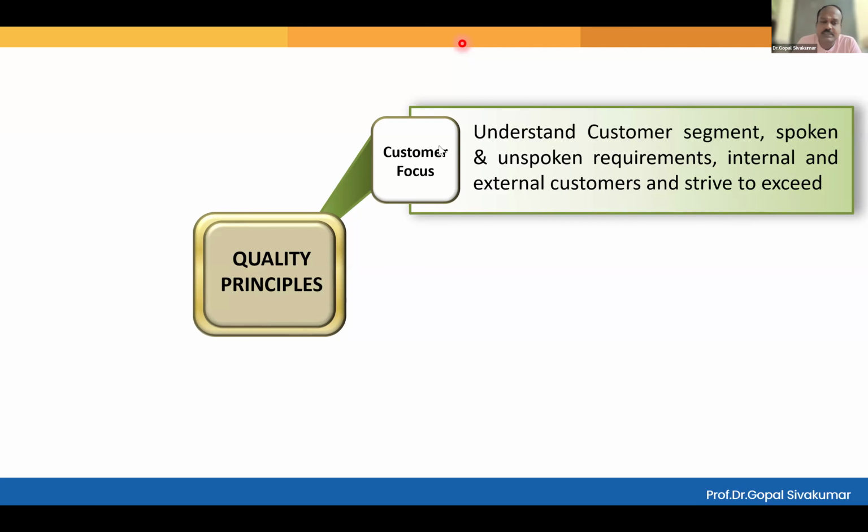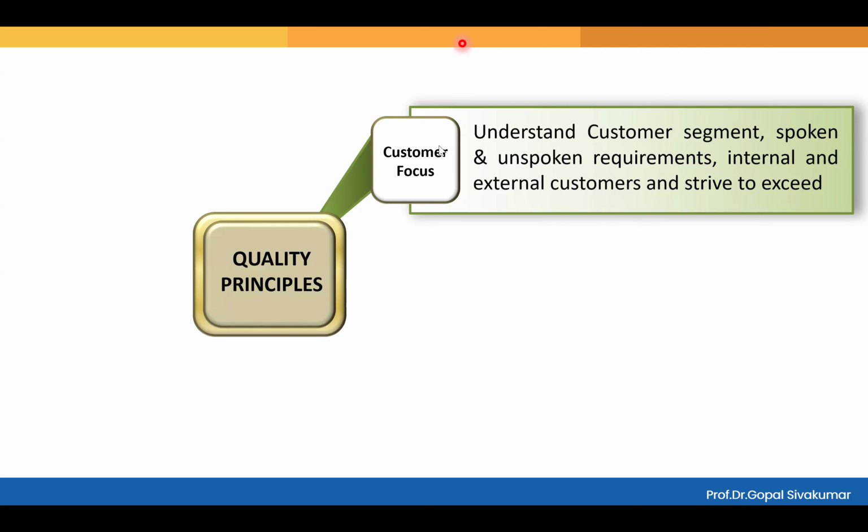So you must have a thorough understanding of who is the end user, who is the internal customer, and who is the external customer, right? If your intermediate output, or the intermediate stage of the product, is received internally within the organization, the receiver should be called an internal customer. If it is received outside the organization, the receiver should be called an external customer.